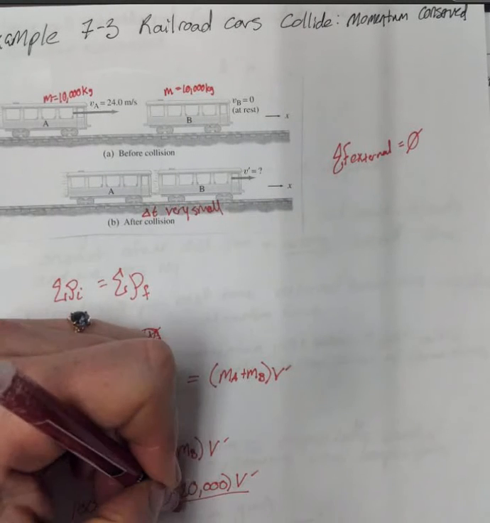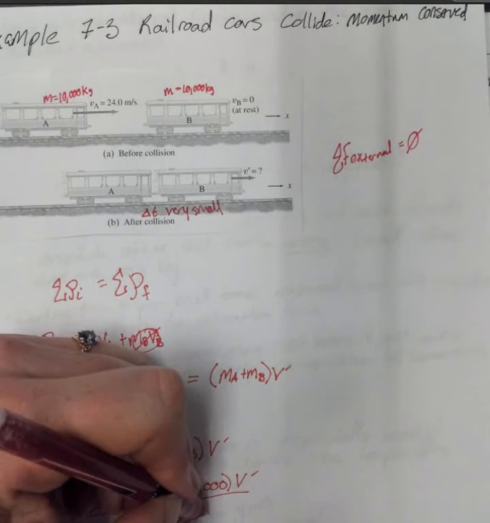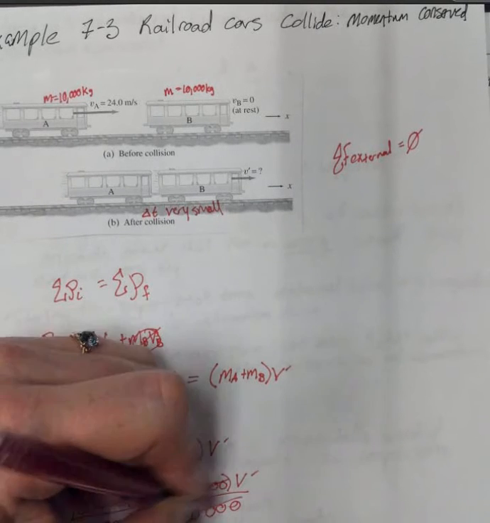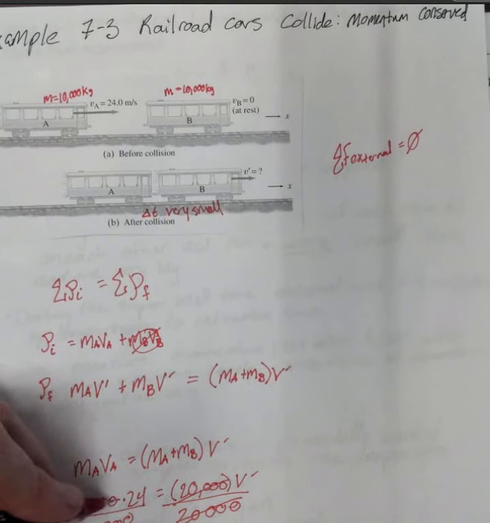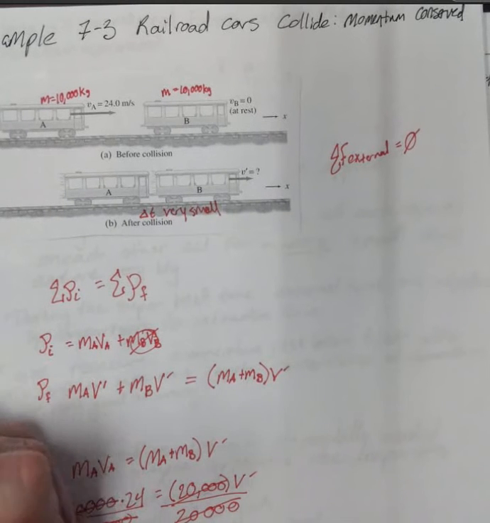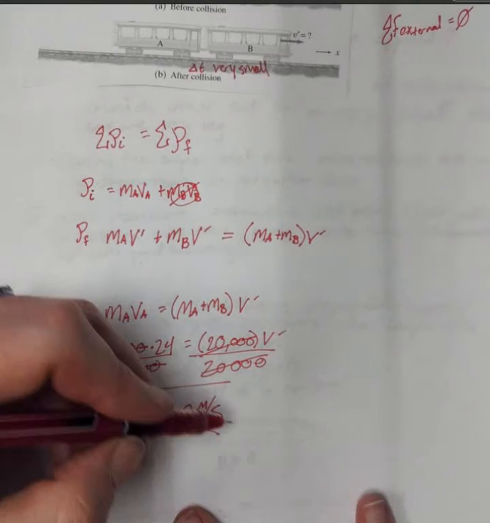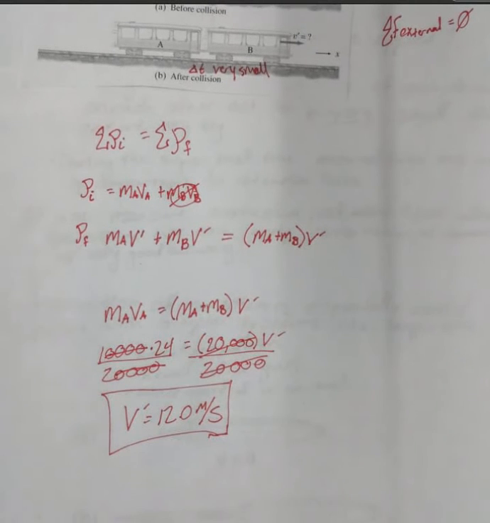I isolate my final velocity, and I can see that my V prime is actually going to be 1/2 the initial value, or 12 meters per second. Oops, sorry. So you can see that was actually incredibly straightforward, very easy to solve for in this circumstance.